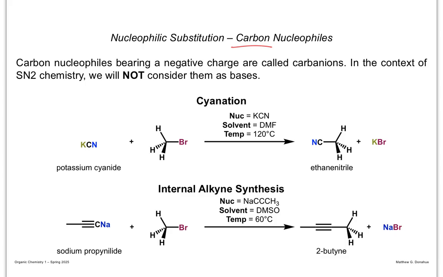So carbon nucleophiles bearing a negative charge are called carbon anions or carbanions. And when we talk about them in terms of nucleophiles, it's a negatively charged carbon attacking another carbon. So they are not acting as proton transfer agents.